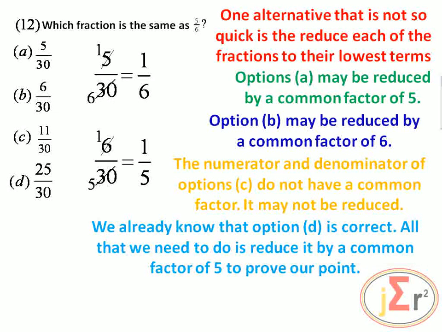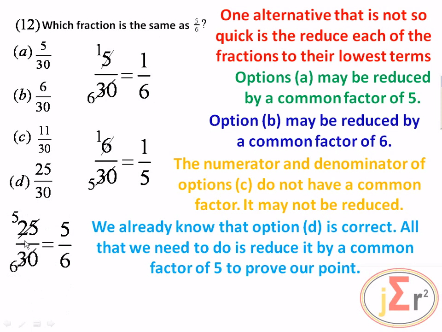We already know that option D is correct. All that we need to do is reduce it by a common factor of 5 to prove our point. So we have option D right there. Reduce that by a common factor of 5. 5 into 25 is 5, and 5 into 30 is 6. So what do we have? 5/6.